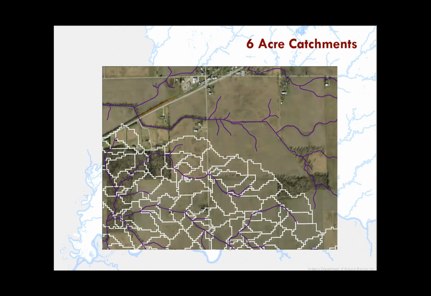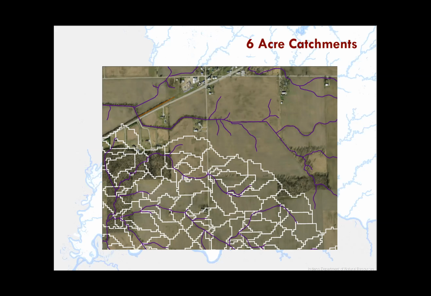And as we mentioned, one of the big features of our effort was our decision to take the streamlines up to a 6-acre catchment limit. We had done this based on a number of previous studies. We did a pretty thorough literature search through other efforts that were out there in the 2008, 2009, 2010 timeline.